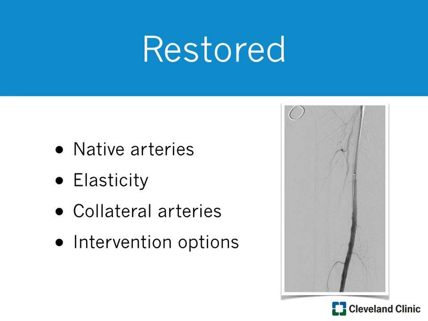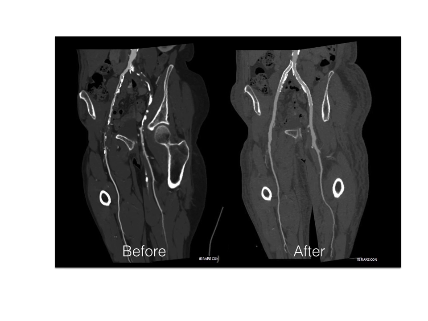And again, interventional options are restored. So if this patient were to develop a restenosis down the road, this can be ballooned or stented, much as in the original state. This is an illustration. It's a composite CT angiogram of a patient who underwent an aortoiliac and common femoral endarterectomy before and after intervention.